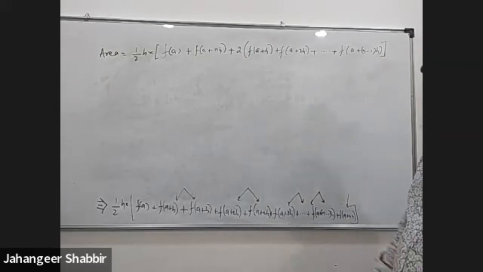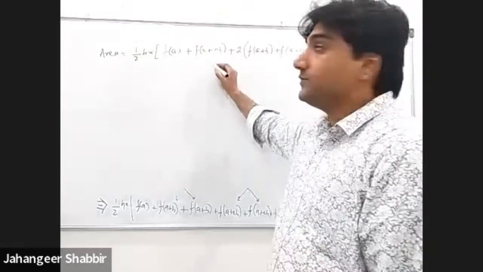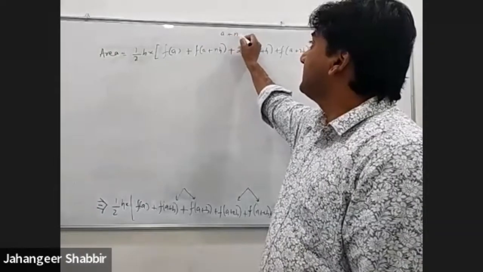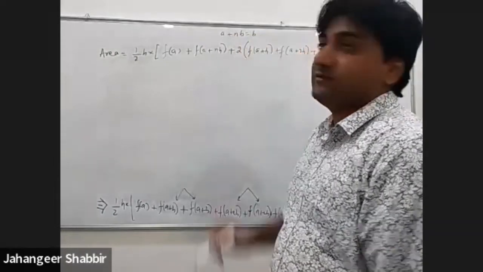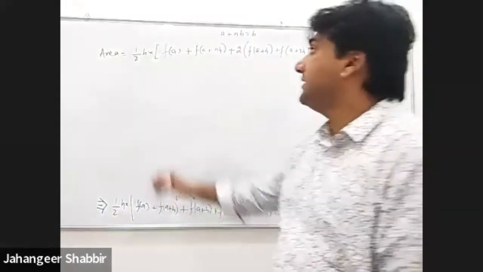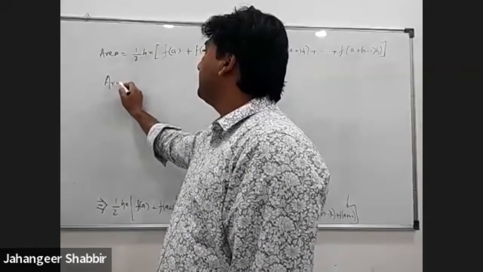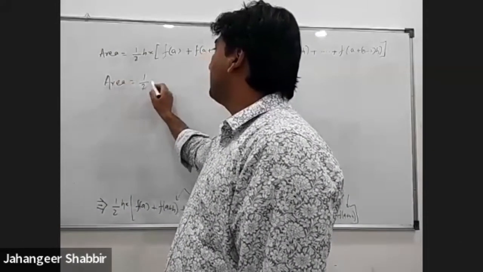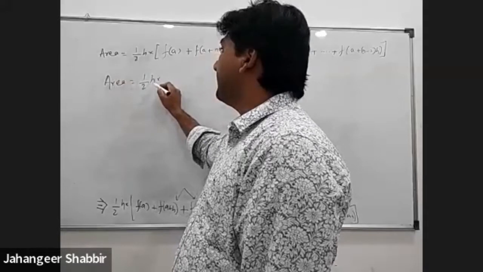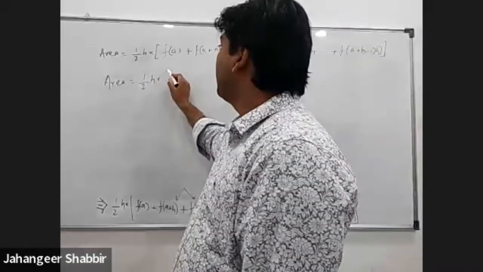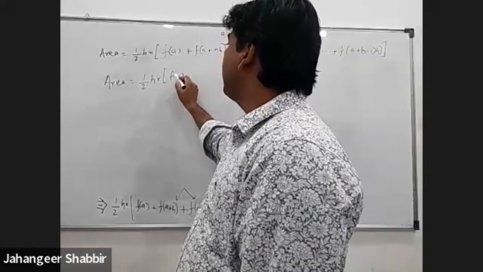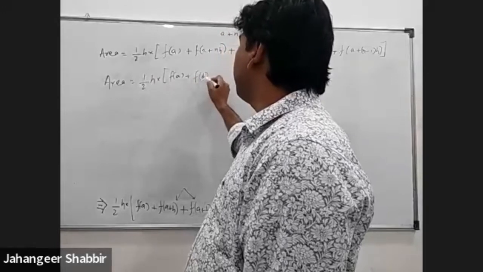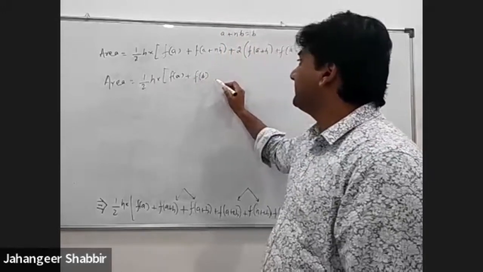Okay, great. Now in the beginning, I told you a plus nh equals b, right? a plus nh was b. So finally, can we write area equals 1 over 2 times h, where h means the gap, times f of a plus f of b, right?